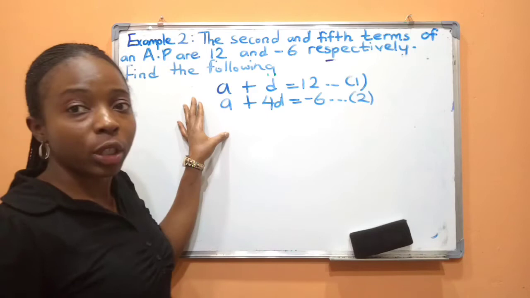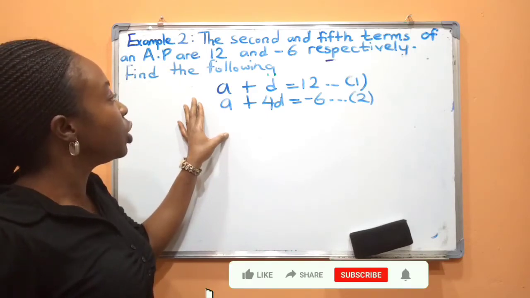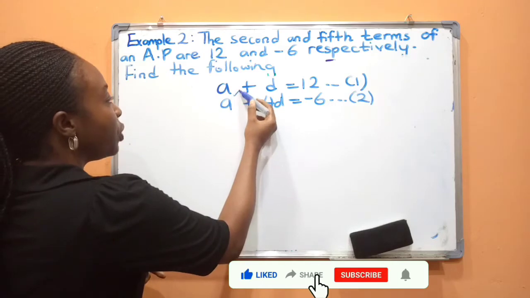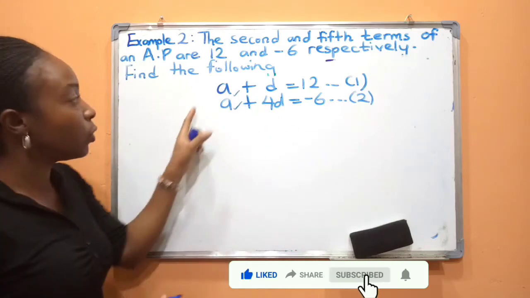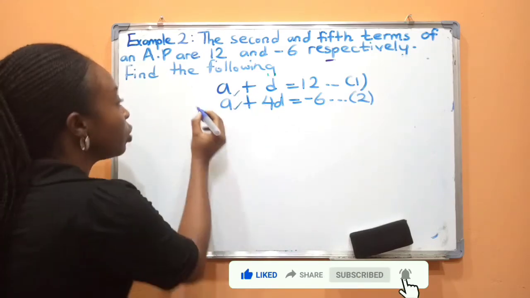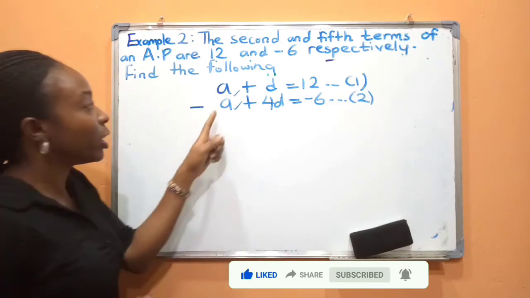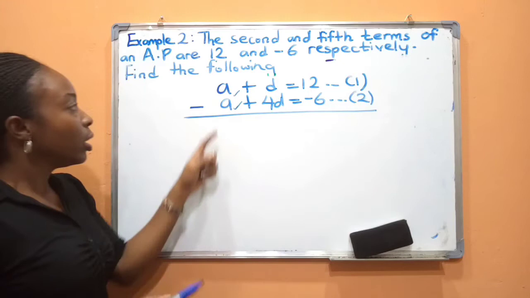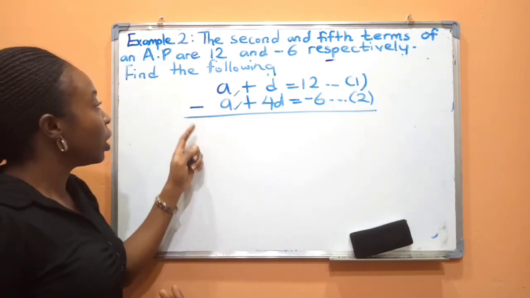So here's what we have. We can easily use the elimination method. And since we have the same coefficient here and here, it's easy for us to just subtract. So we introduce the minus sign so that we can eliminate a. By the time we do that, we're going to say a minus a is 0, so that's off.